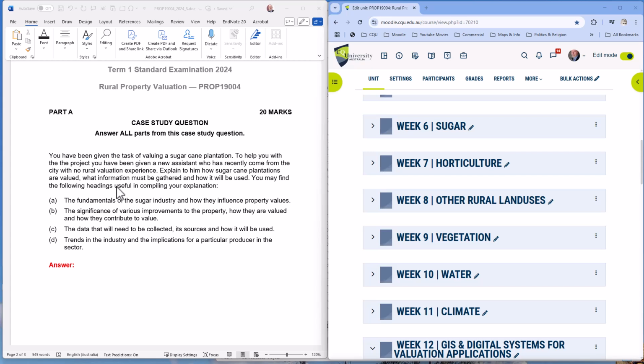What are the fundamentals of the sugar industry, and what to look for when you do your inspection, so the value of the improvements, the significance of the improvements, the data to be collected, what information do you need, and lastly, trends in the industry.